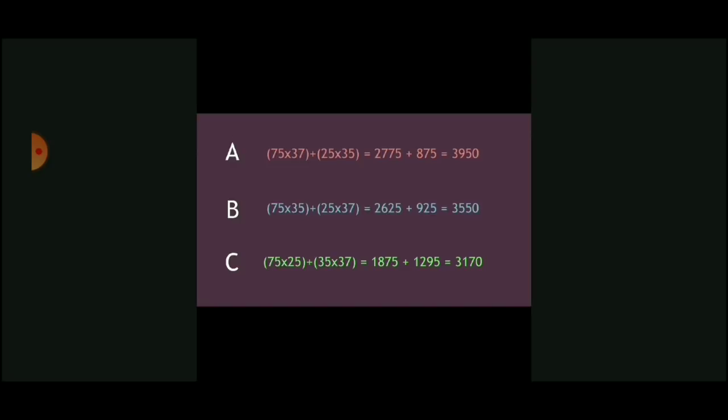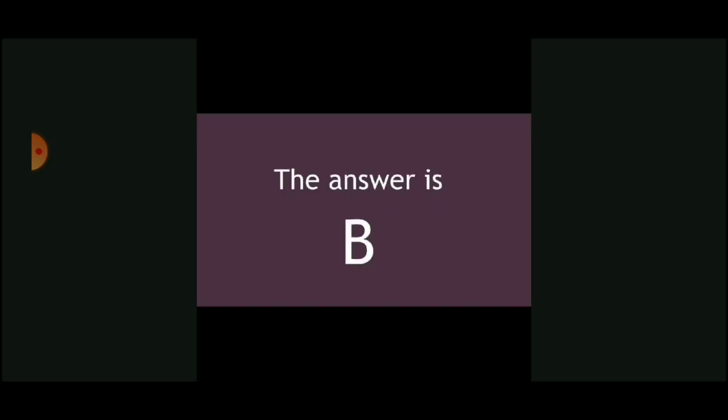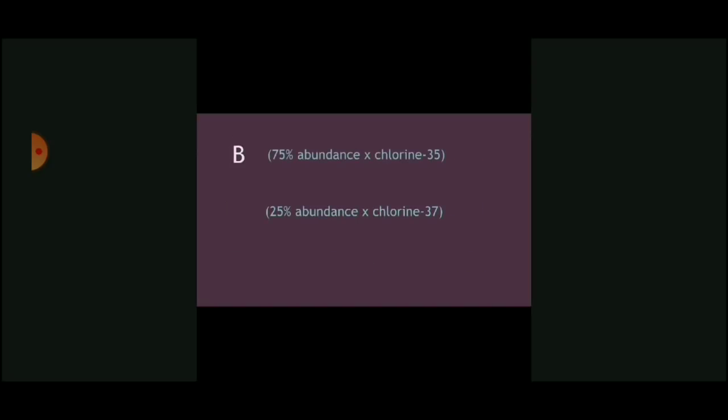Let us calculate. Now let us see how to calculate this. The answer is B. You have 75% as its percentage abundance into 35, the mass number. If you multiply 75 and 35, you get 2625. For 25% and 37 as the mass number, you get 925. If you add both, you get 3550.